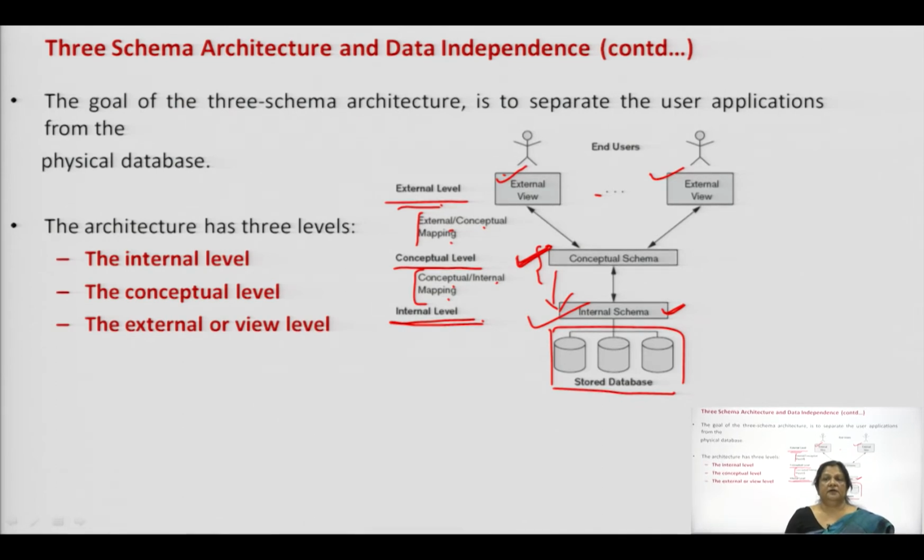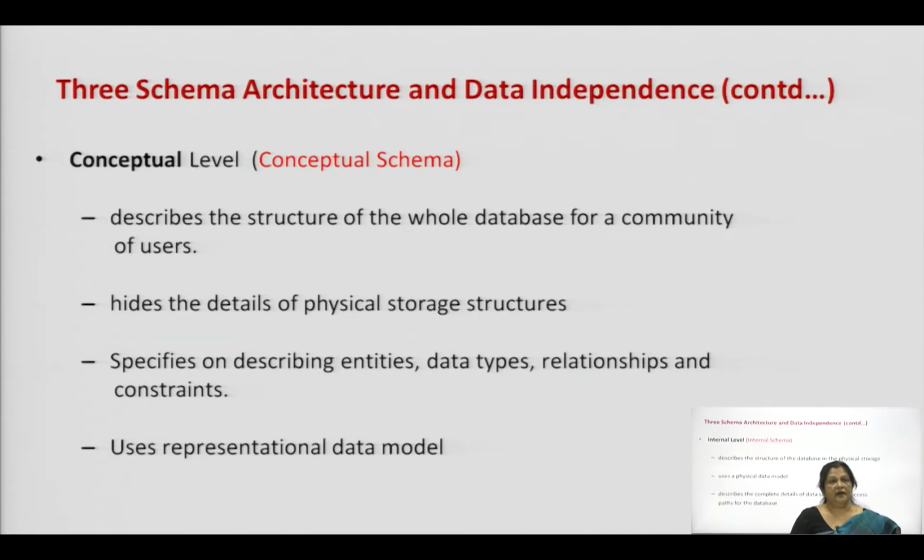And if the query requires some result, that is, some data is going to be returned from the database to the external user, then first of all the conceptual internal mapping will convert the data which is returned from the physical storage to a form in the conceptual schema, and then the external conceptual mapping will transform that into a form that can be made available to the user. So, these are called the mappings which are required for transforming the form of the data from one level to another.